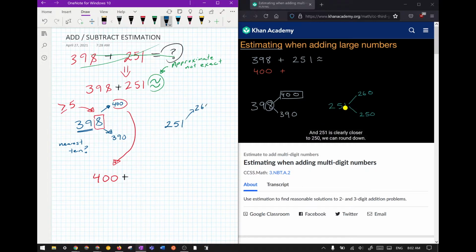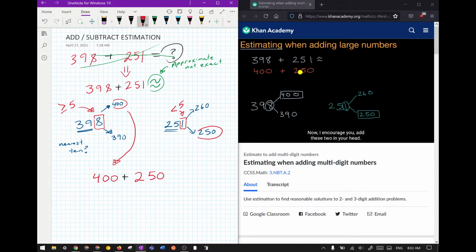And 251 is clearly closer to 250. We can round down. Another way to think about it is you look at the tens place, and then you look at the ones place, and you say, hey, this is less than 5, so I'm going to round down, keeping the 5 on the tens place, so we get to 250. So when you round 251 to the nearest 10, you're going to get 250.